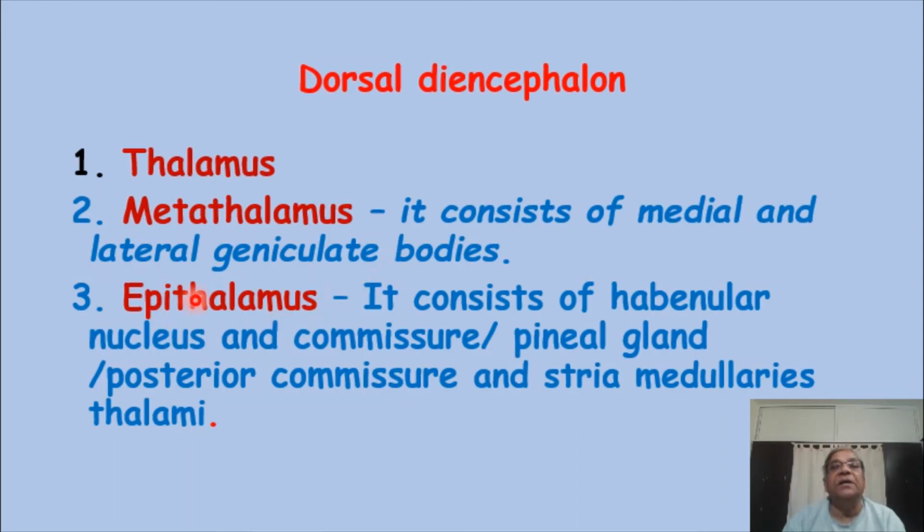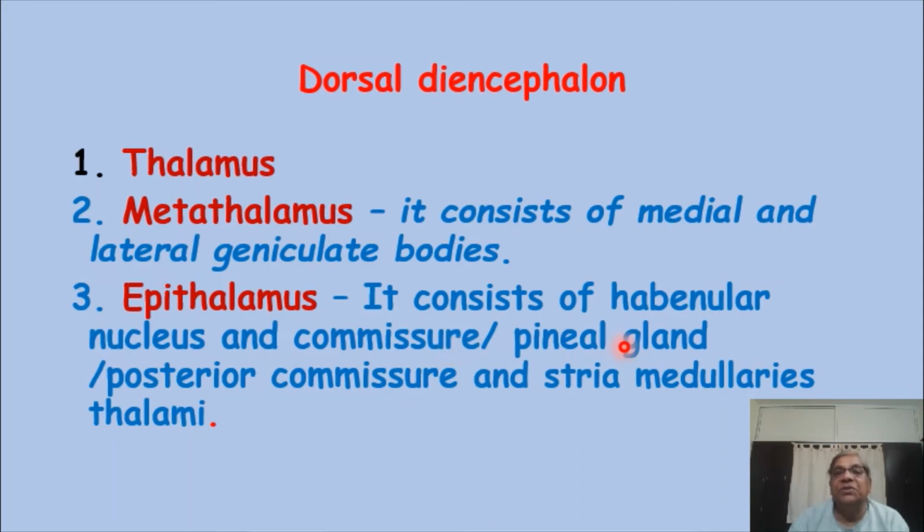The third part of the dorsal diencephalon is called the epithalamus, and it consists of many parts. It consists of the habenular nucleus and its commissure. That means the habenular nuclei of the right and left side are connected with each other, that is their commissure.